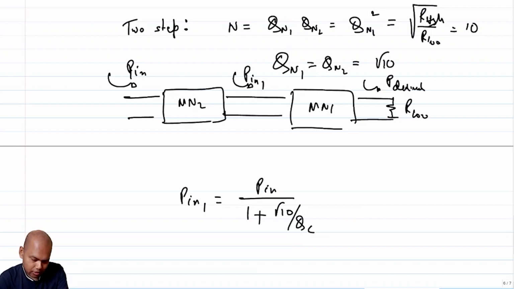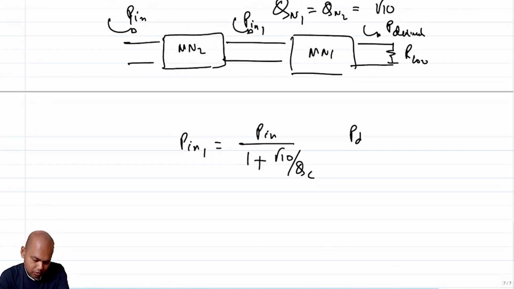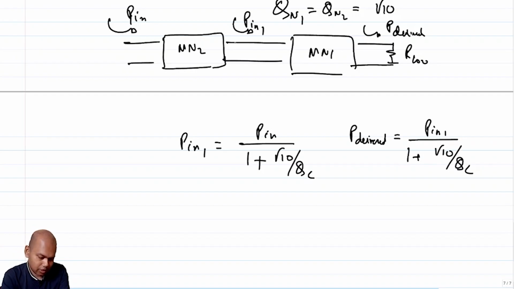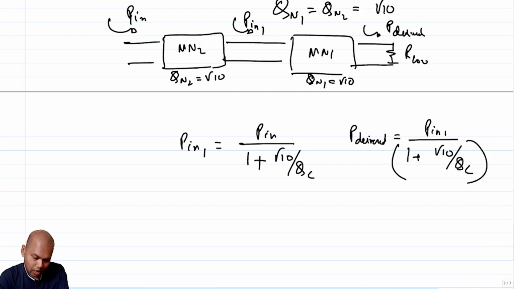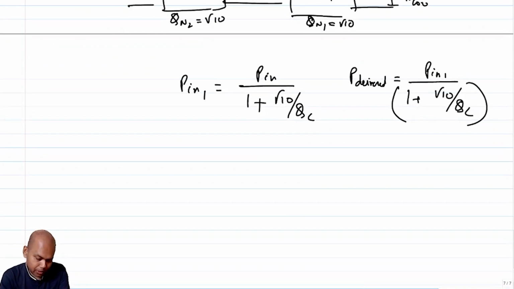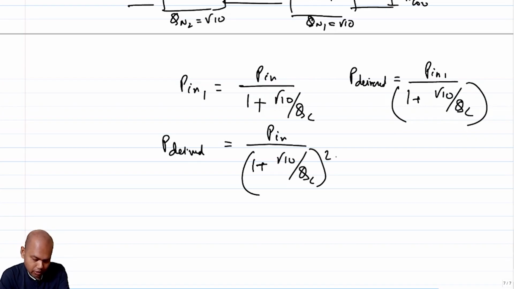Power delivered is power in 1 by 1 plus, again, the square root of 10 by qc, because this qn2 is the square root of 10 and qn1 is also the square root of 10. So with respect to P in, what is power delivered? Delivered is P in by 1 plus square root of 10 by QC, whole squared.